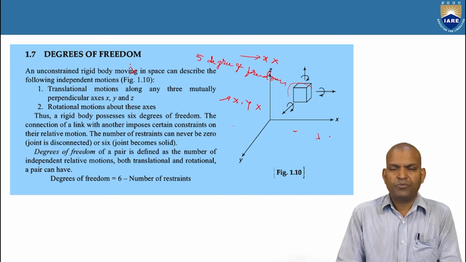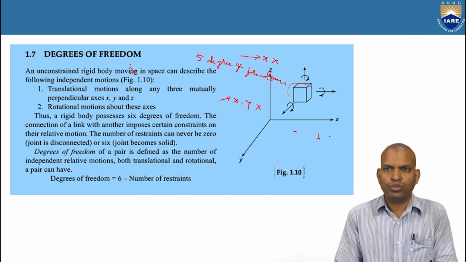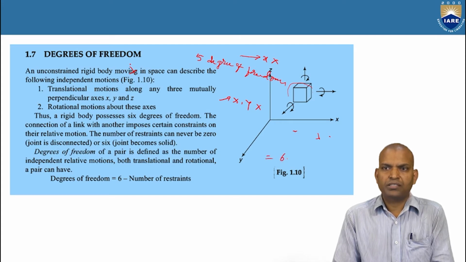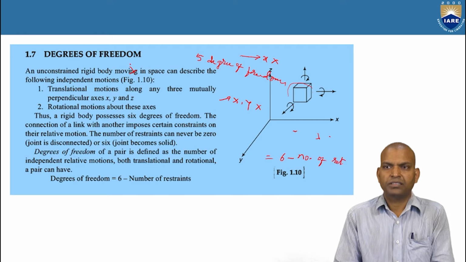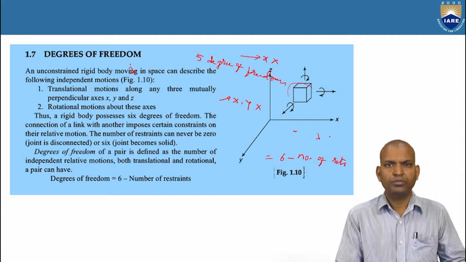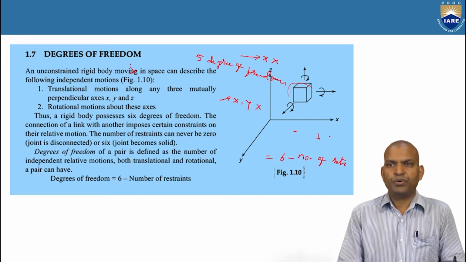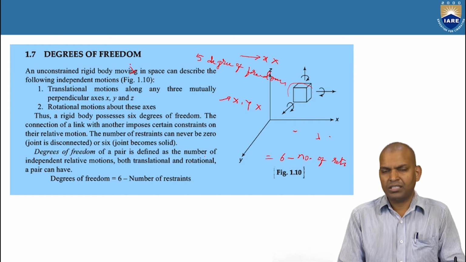From this we can understand that the number of degrees of freedom equals 6 minus the number of restraints. Now, in this subject, kinematics of machines, we study only plane bodies, 2-dimensional bodies. It is not 3-dimensional.